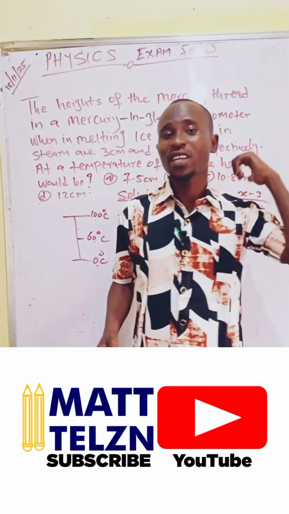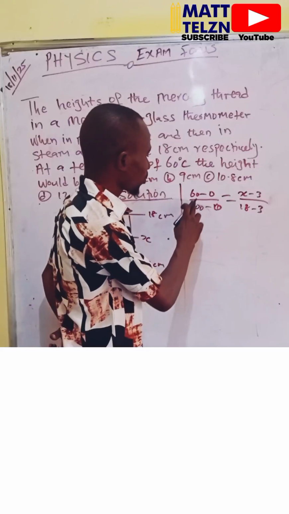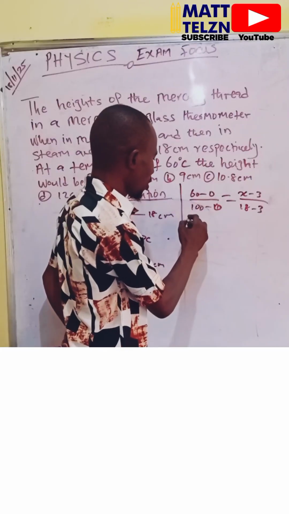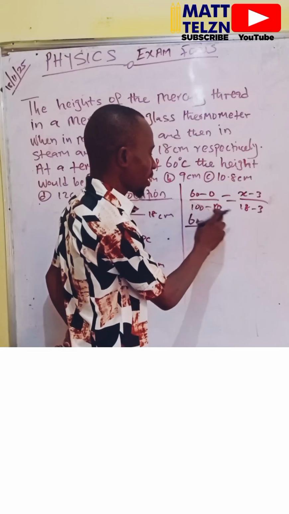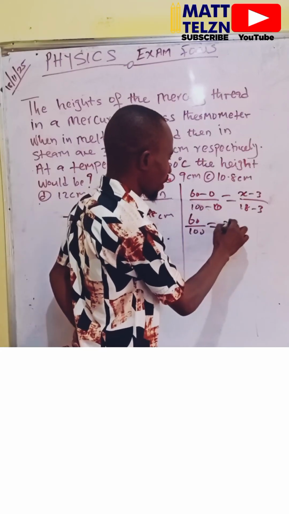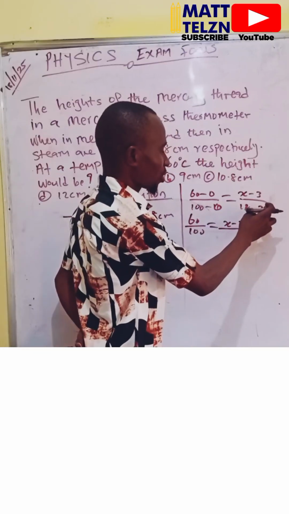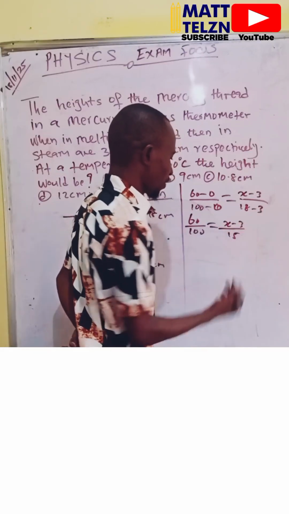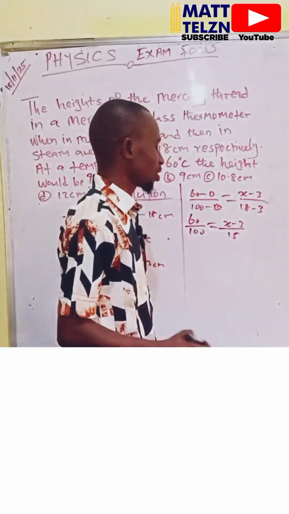So let's proceed to the final expression. I'm going to subtract 60 minus 0, so I have 60 divided by 100 minus 0, which is 100, equal to x minus 3 divided by 18 minus 3, which is 15. The next mathematics principle I'm going to apply is cross multiplication.